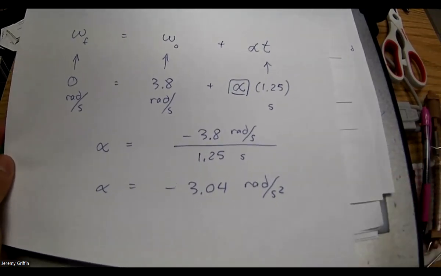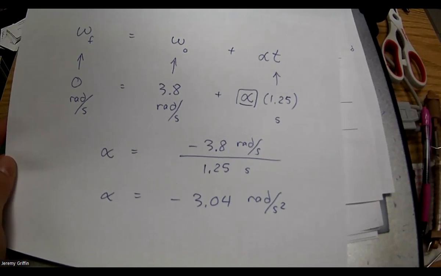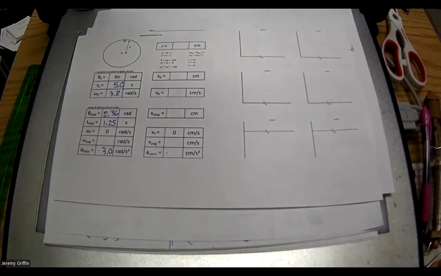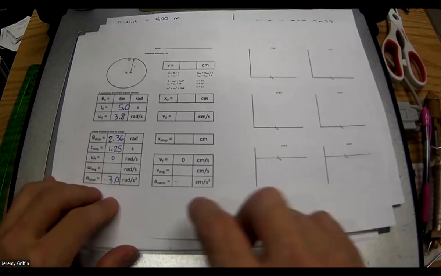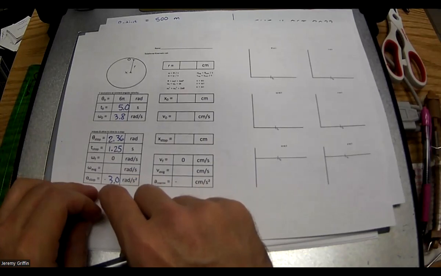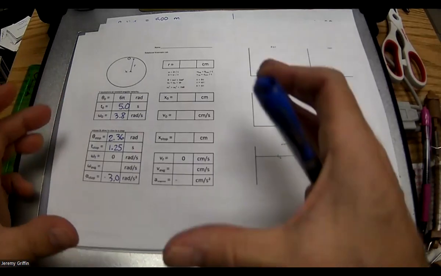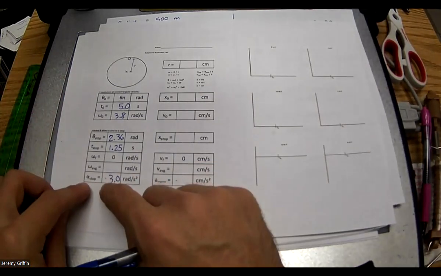Who's got any questions so far? All right, guys doing good? Now to remind you what this type of acceleration refers to, because there's different kinds of acceleration we're juggling. This is the rate that it's slowing down rotating.